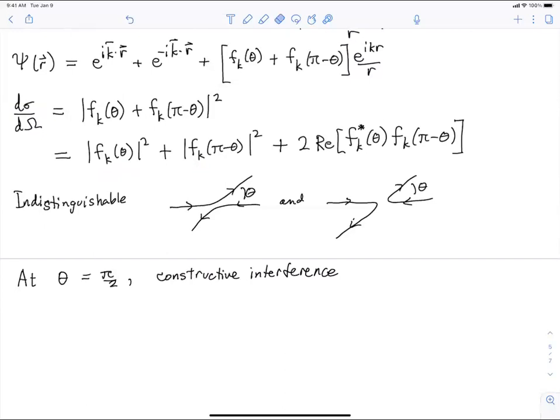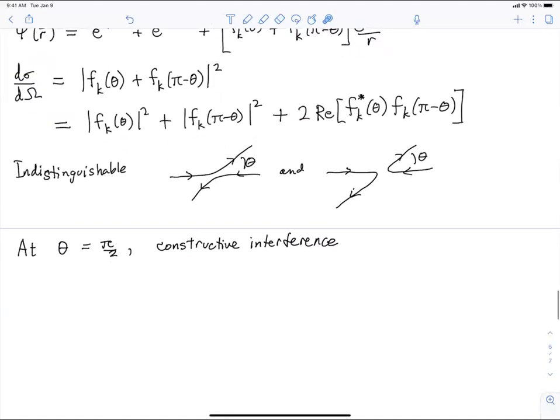But not only that, they're the same as this term when I plug in theta equals pi over 2, which will be real, so the real doesn't do anything. And then I get 2 more, and so I get a total of 4 times as much. Not twice as much as you might have thought, perhaps. So the differential cross-section for theta equals pi over 2, right angle scattering, is 4 times the scattering amplitude magnitude squared.